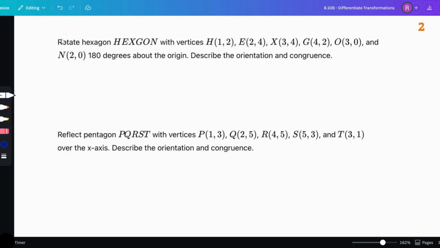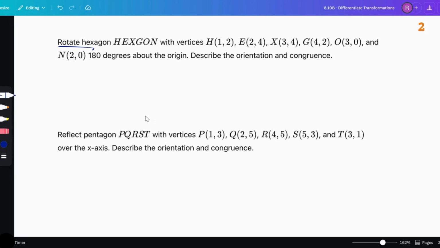Now we want to rotate. What does rotation mean? Rotation means you swap and change the sign. If you missed the explanation, it's in the last video I uploaded, where I explained translation, dilation, rotation, and reflection.